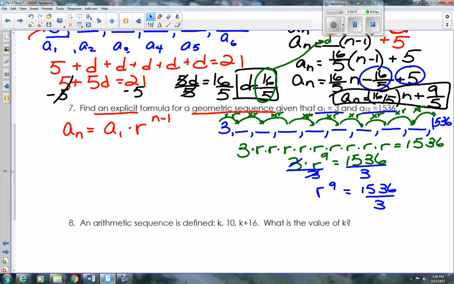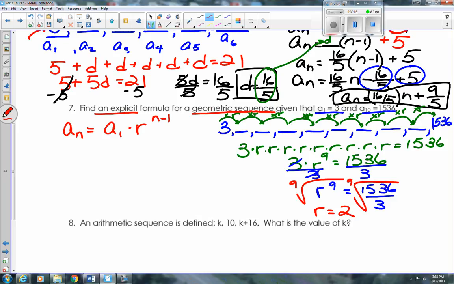And if you remember, to get R by itself when it's raised to the 9th power, I take the 9th root of both sides of my equation. So all I need to do is put that in my calculator, and when I do, I get an R value of 2.